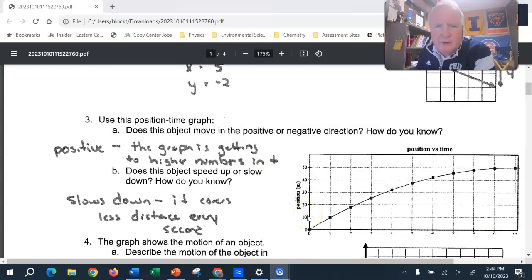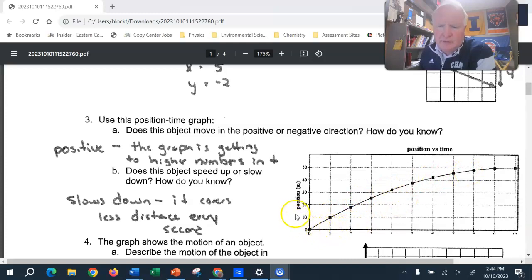The next one is asking us to explain these graphs. Remember, at least in my class, when we did this, we always had a motion detector. We said if we're moving away from the motion detector, the numbers got bigger, and if we were moving towards the motion detector, the numbers got closer. So this one says, what's this object doing? Well, first of all, we can see that it's moving away from the motion detector, so that's a positive motion.